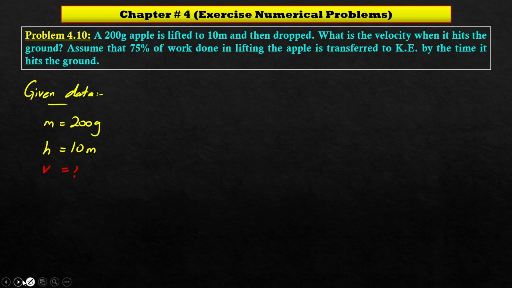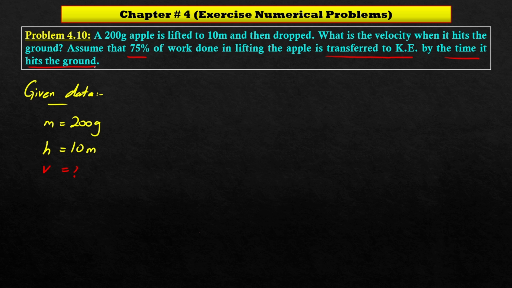Assume that 75% of work in lifting the apple is transferred to kinetic energy. मीन्स हमारे पास जो वर्क डन उसे करवाया गया उसे लिफ्ट करवाने में उसका 75% हिस्सा उन्होंने अज्यूम किया कि वो काइनेटिक एनर्जी में कन्वर्ट होगा बाय द टाइम इट हिट्स द ग्राउंड, उस टाइम पर जब वो जमीन को टकरा रहा होगा. तो ये हमें एक गिवन कंडीशन दे दी.